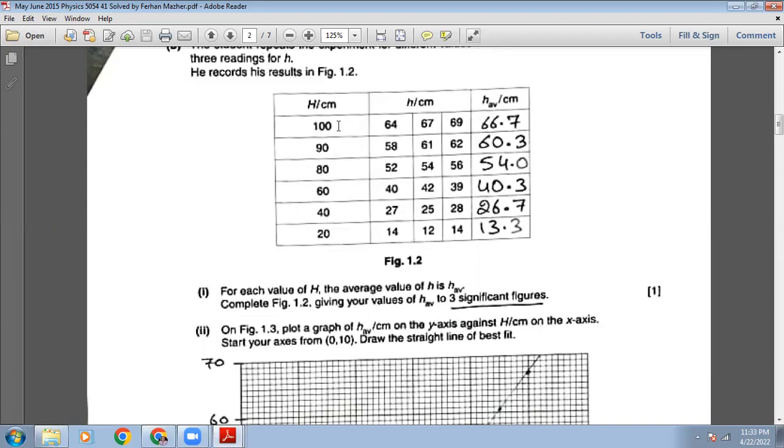In this situation, they dropped the ball from a height of 100 centimeter. Here from 90 centimeter. Here from 80 centimeter. Here from 60 centimeter, here from 40 centimeter, and here from 20 centimeter. So I hope our answers are right.